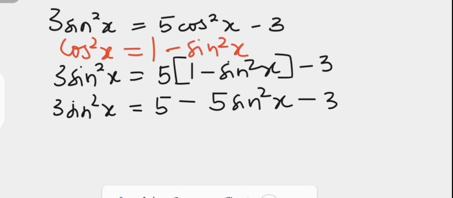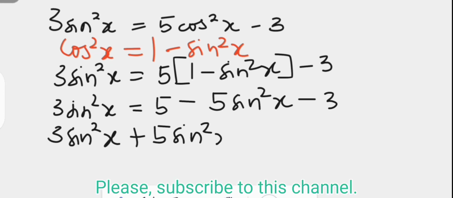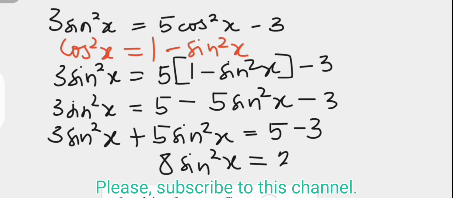Then we add 5 sine square x to both sides to give us 3 sine square x plus 5 sine square x equals 5 minus 3. This is 8 sine square x equals 2.